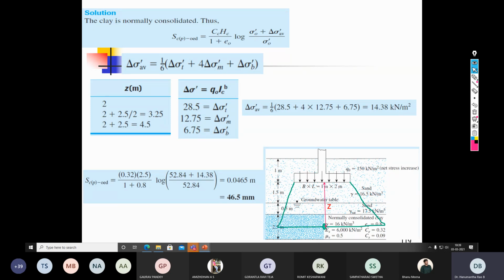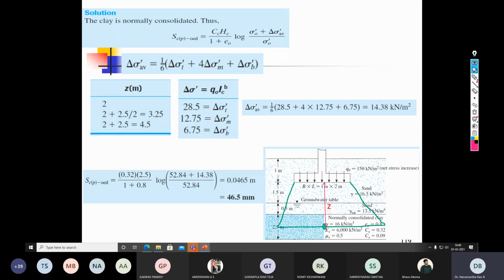Okay, and there are half a dozen or a dozen methods available for calculating only the elastic settlement, but of course we have covered almost everything of the consolidation settlement. So I'm not discussing all those things because you would need to remember a lot of equations, which I don't want, because you need to understand fundamentally what elastic settlement is and what kind of equations are used.